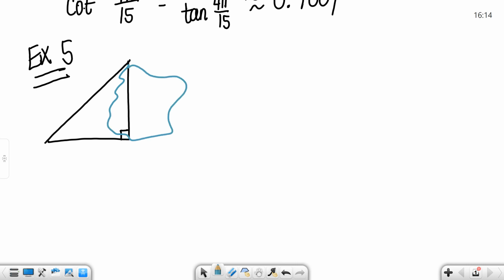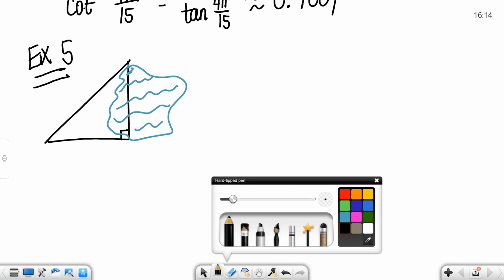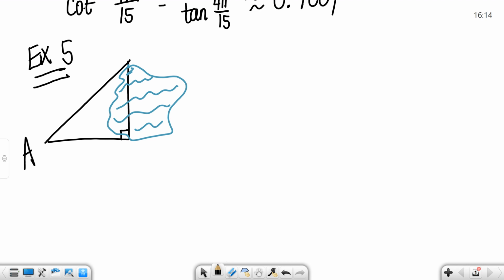There's my lake. Lovely. I told you guys I'm not an artist. And let's say that this angle is 24 degrees. There's my theta. And we have 750 yards down here on this side. That is example 5.